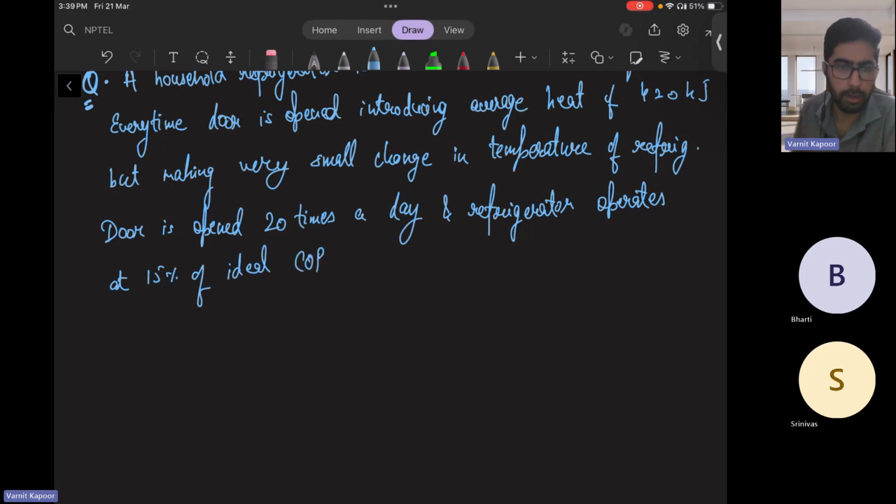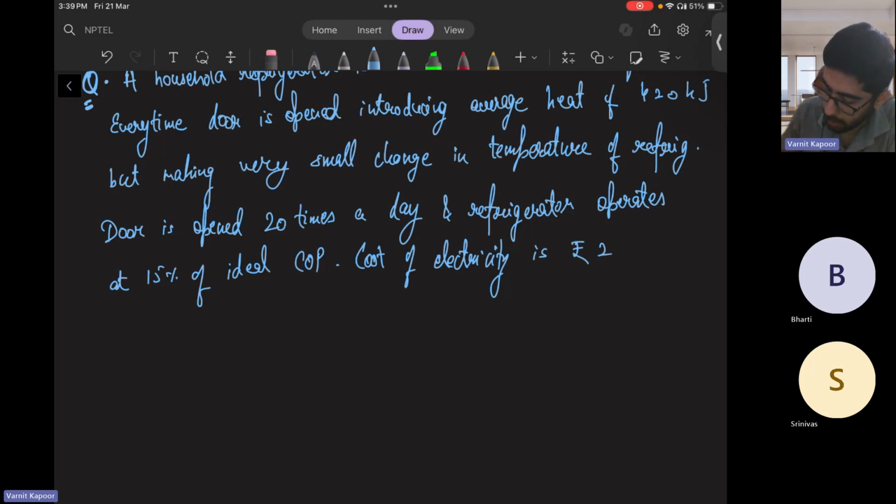We have seen this. Cost of electricity is rupees 2.5 kilowatt per hour, and atmospheric temperature is 30 degrees Celsius.